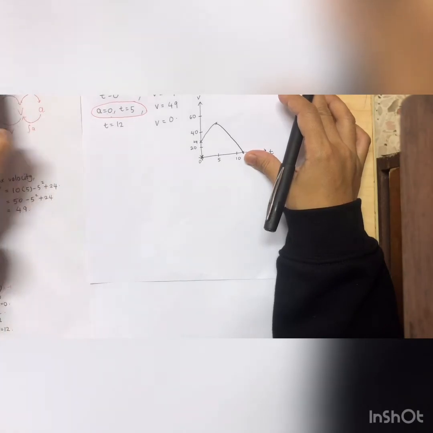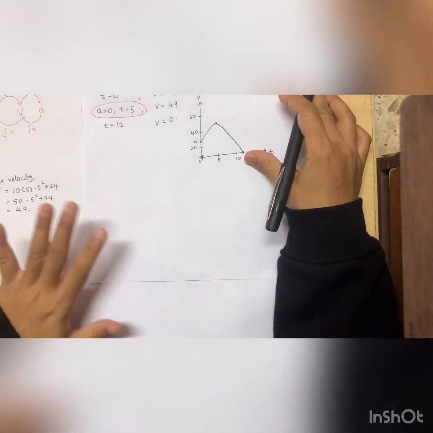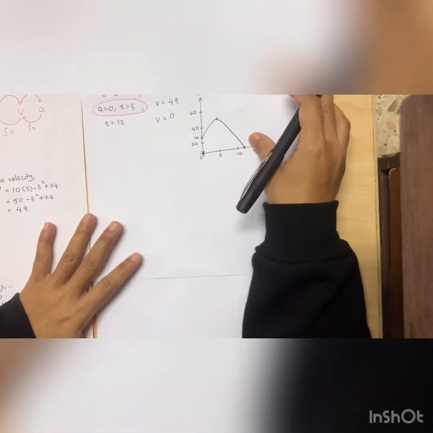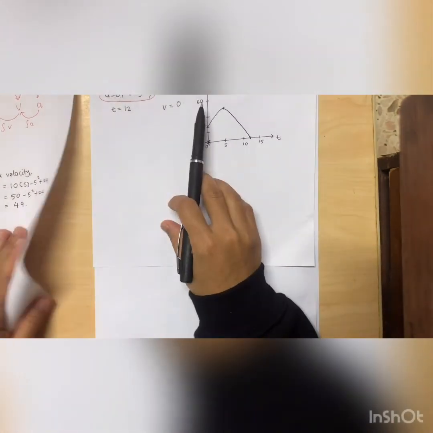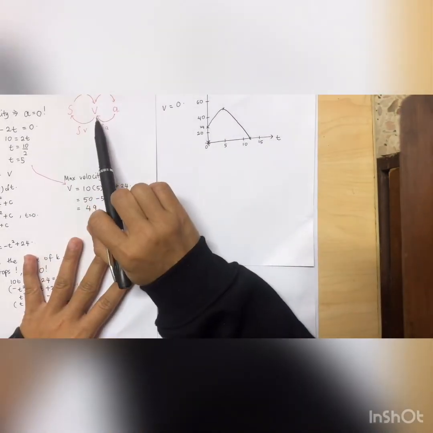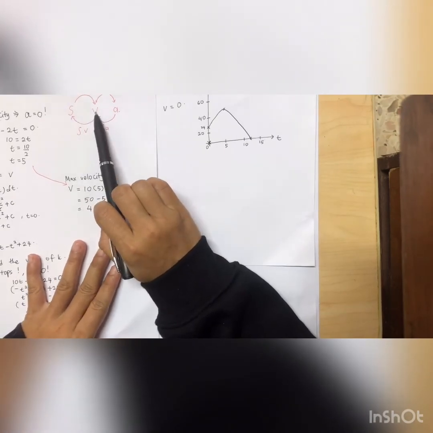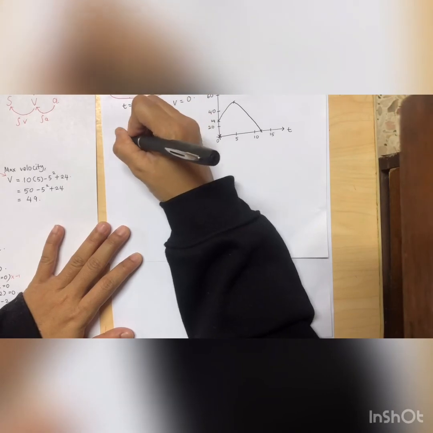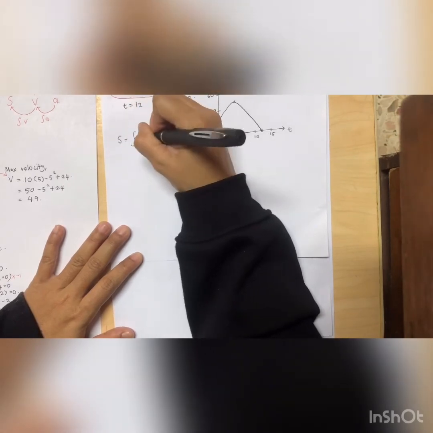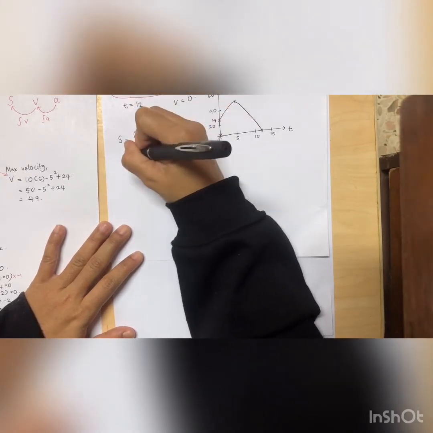Because we don't have our equation of s yet, we have to create one. So how do we create s? From the formula just now, to get s, we have to integrate v.